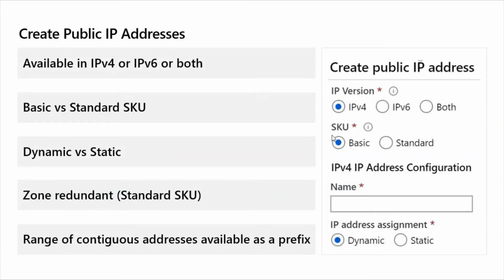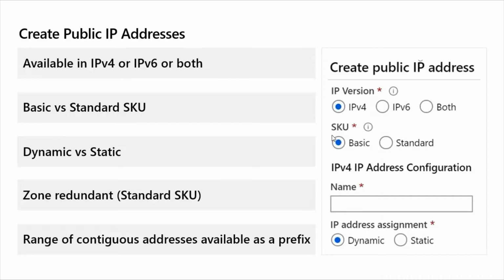How do we create a public IP address? Azure supports IPv4, IPv6, or both, and it has two types of SKU: basic and standard. When you select basic, it has fewer features. When you go for standard, it supports redundant environments, high availability, and Azure zone-redundant services; you must use the standard SKU.